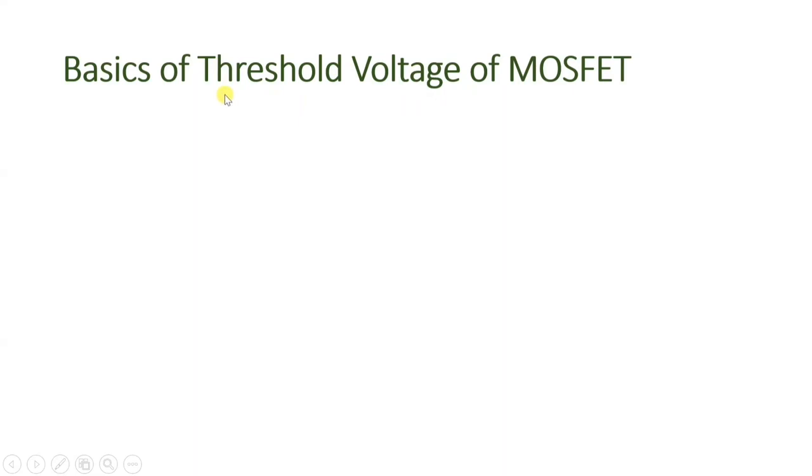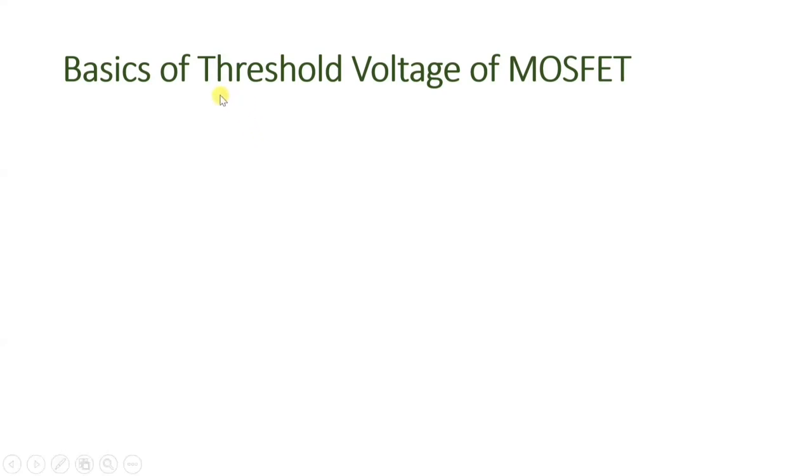Before we go for a discussion, one should know what is threshold voltage of MOSFET. Threshold voltage of MOSFET is the minimum voltage between gate and source terminal, after which the MOSFET has formation of inversion layer.